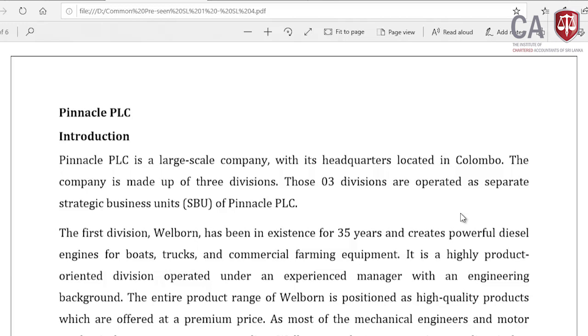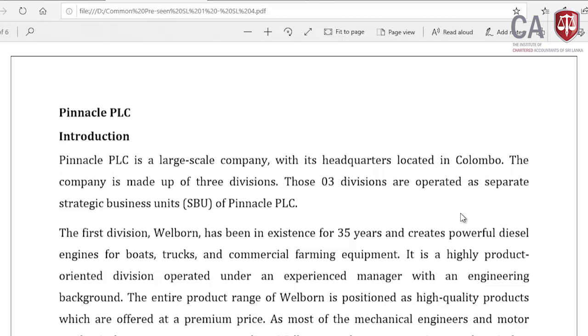So, later we will try to identify more information on the 3 divisions. The first division, Wellborn, has been in existence for 35 years and creates powerful diesel engines for boats, trucks and commercial farming equipment. So, what is the name of the first division?